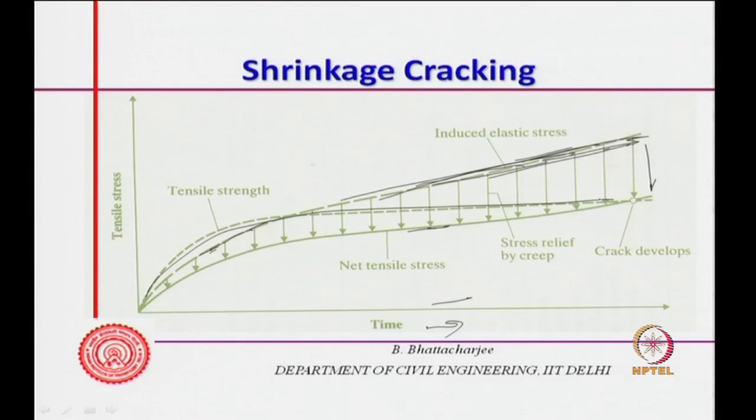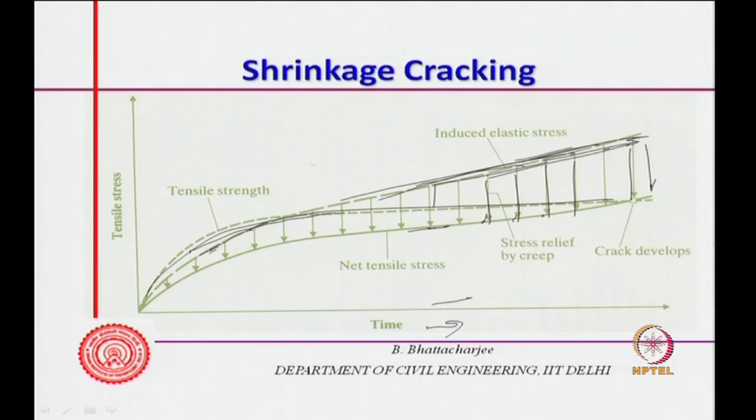Sustained stresses would be generated because of the restrained shrinkage, but this also gets relaxed due to the creep. Creep relaxes it. This is the relaxation due to creep, right.